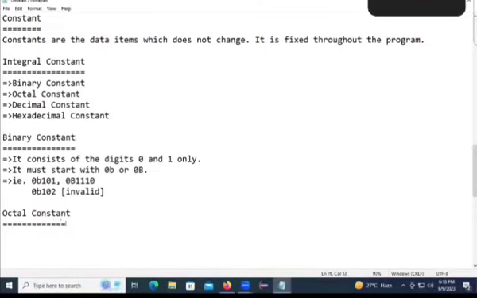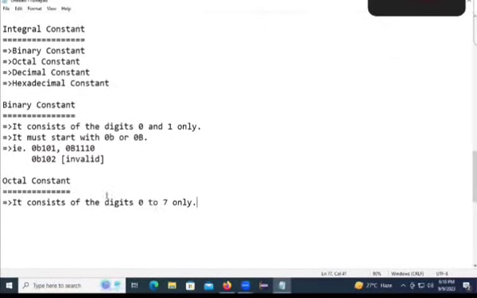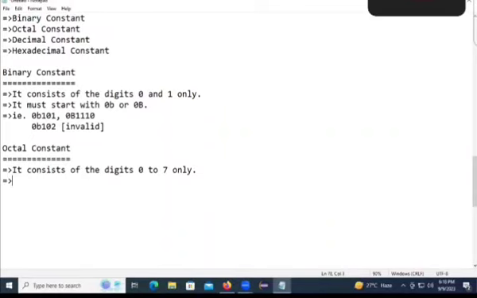Then octal constant. It consists of the digits 0 to 7 only. It must start with 0.